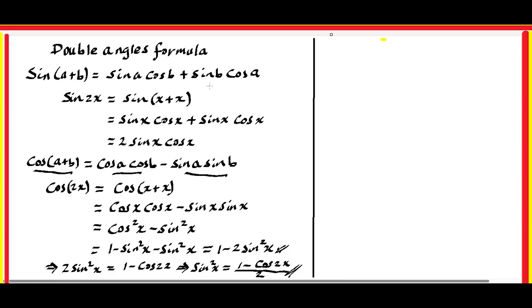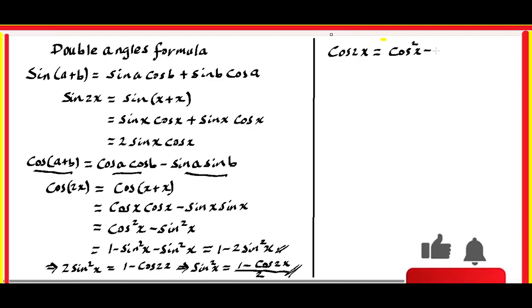To get this one, we substitute cos square x by 1 minus sine square x. Instead of that, if we substitute sine square x by 1 minus cos square x, cos 2x is equal to, look, cos square x minus sine square x. Substitute sine square x with 1 minus cos square x.